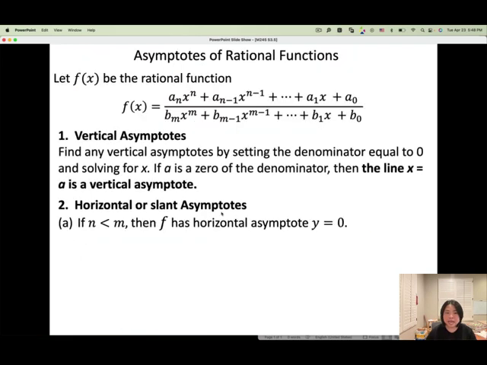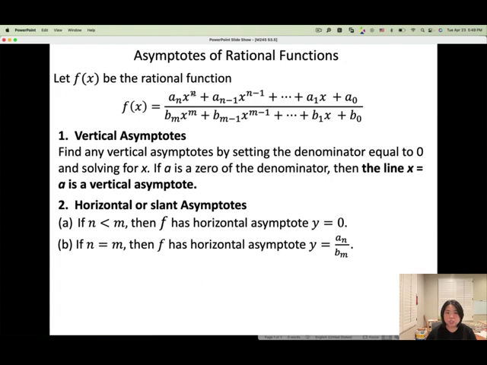Horizontal or slant asymptote. A, if n is strictly less than m, what is n? n will be the highest degree of the numerator, and then you're gonna compare it to the highest degree of the denominator, m. If n is strictly less than m, then f has a horizontal asymptote, y equal to 0.